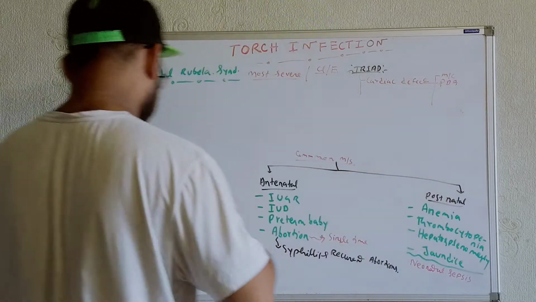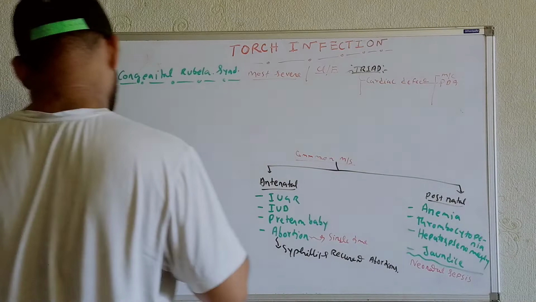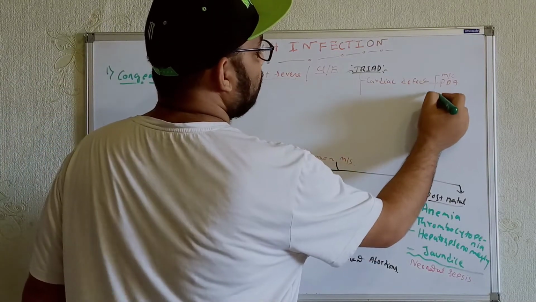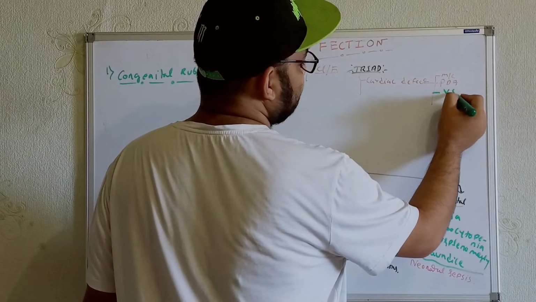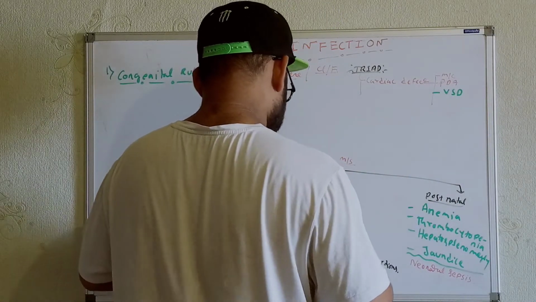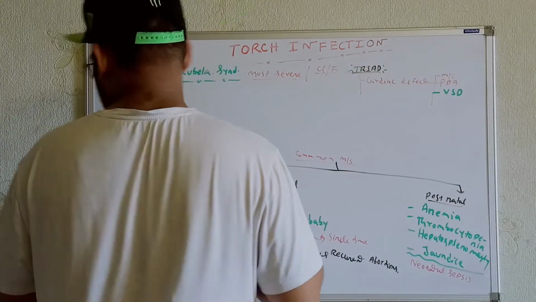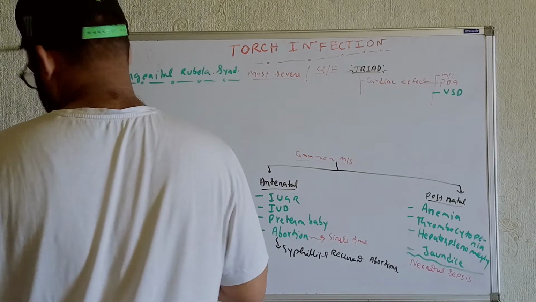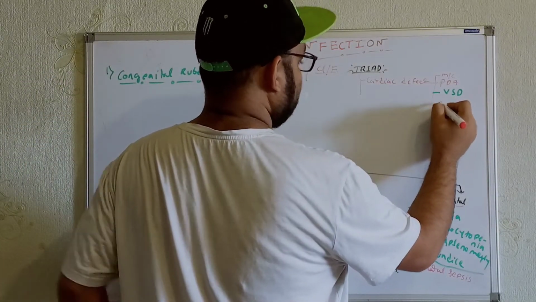We'll get patent ductus arteriosus over here, and we can also get ventricular septal defect, which is a fusion of the ventricles. And we'll get also over here the pulmonary artery.